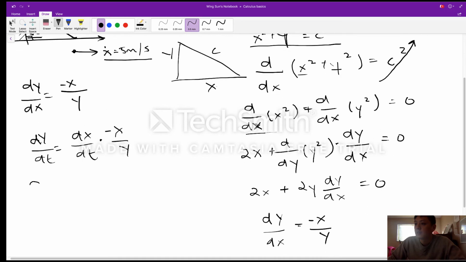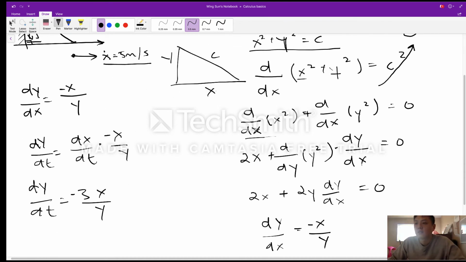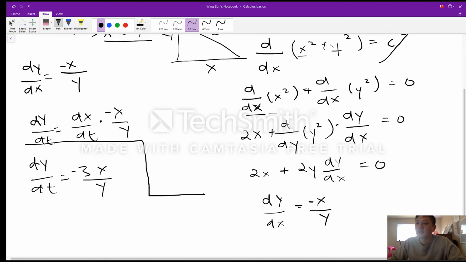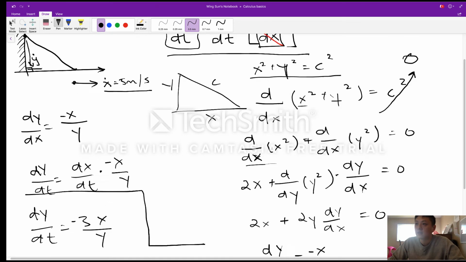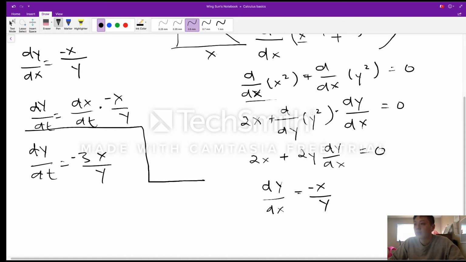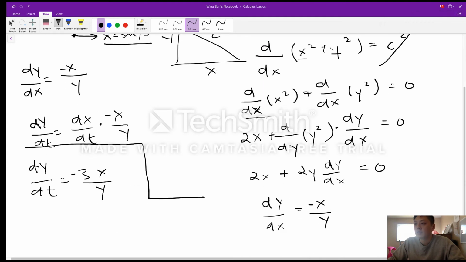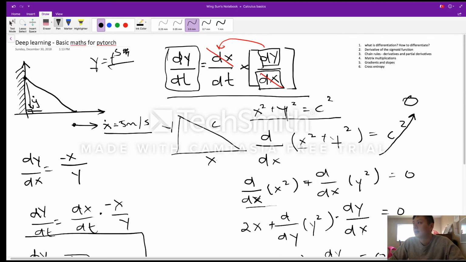Now dx over dt is 3, so negative 3x over y. This is very interesting, and it is what calculus can teach you: the dy over dt is given by both the length of x and y. It's simply multiplying the rate dx dt by dy dx.